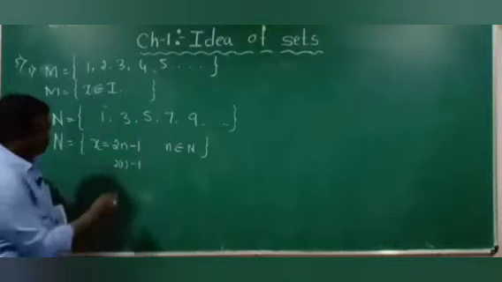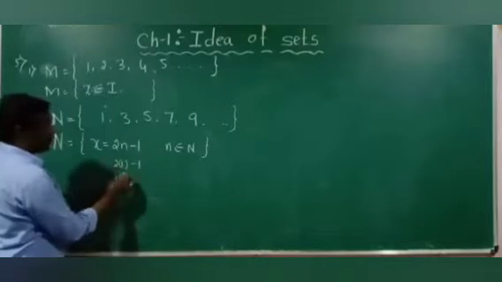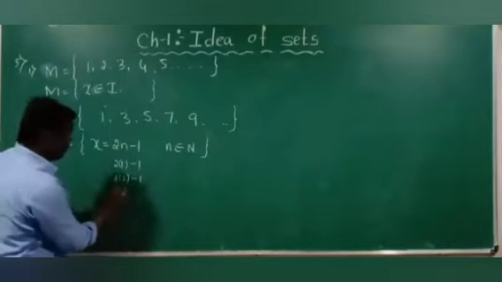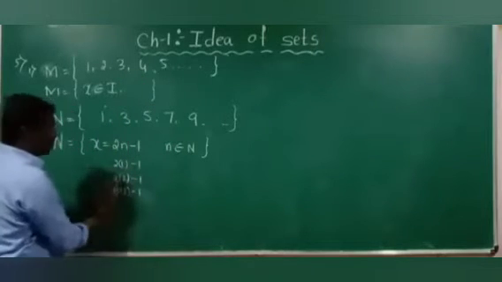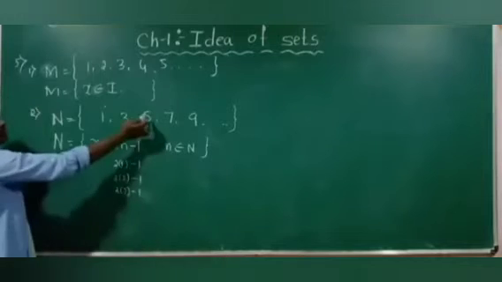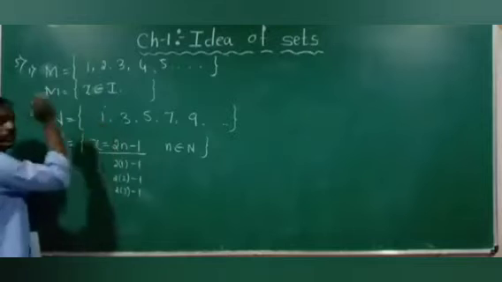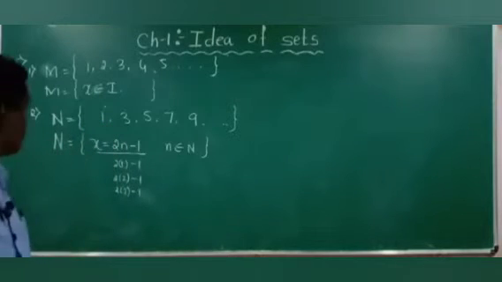So the first natural odd number. If I take 2, 2 twos are 4, minus 1 is 3. So the second odd natural number. 2 threes are 6, minus 1 is 5. So this statement will satisfy the elements which exist in set N.